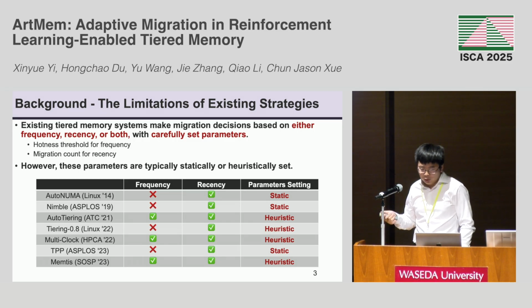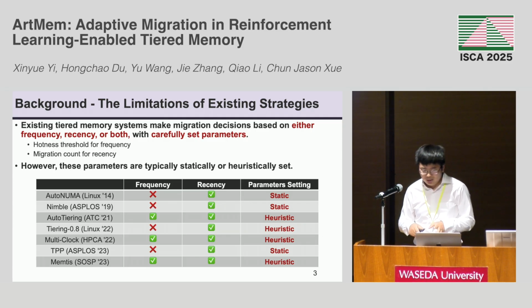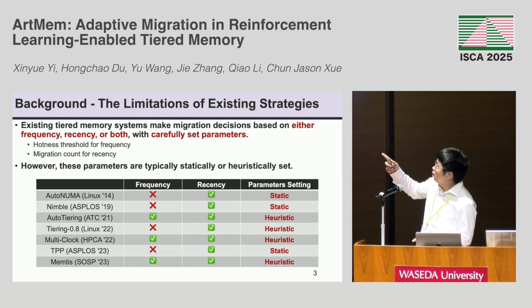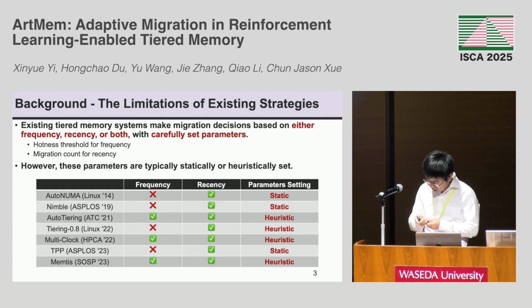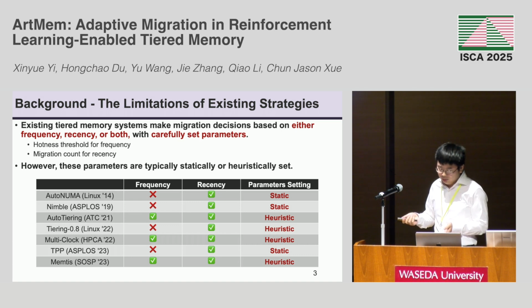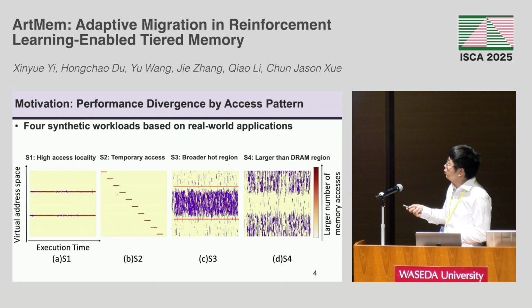And MemTis uses both frequency and recency but with heuristic parameter settings. The key limitation here is that all these systems use static or simple heuristic approaches to set critical parameters like the hotness threshold for frequency and the migration count. The static nature of these approaches means they can't adapt to diverse and dynamic memory access patterns we see in real applications.